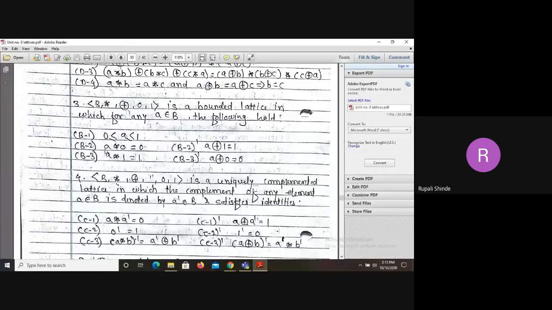That's why this equation becomes A XOR 1, that is equal to 1. That equation I have written here in the complementary part. Now the next equation is A star 1, that is equal to A, that they have given. So we have to write its complement as A XOR 0, that is equal to A. Understood now?